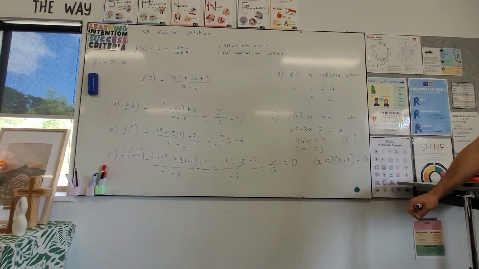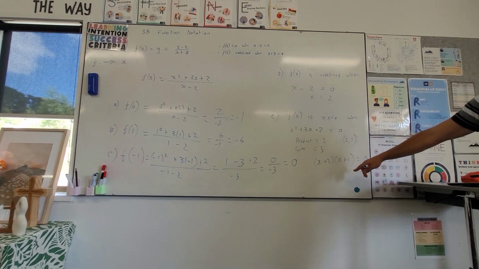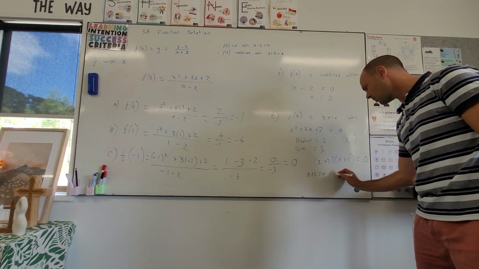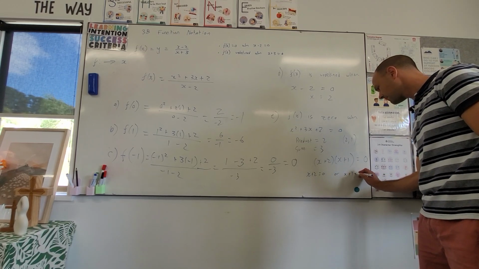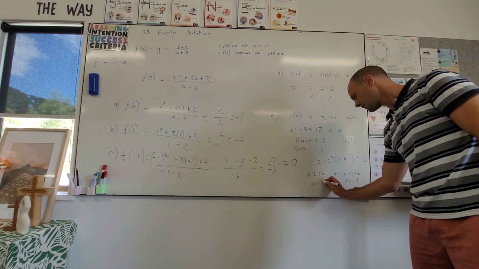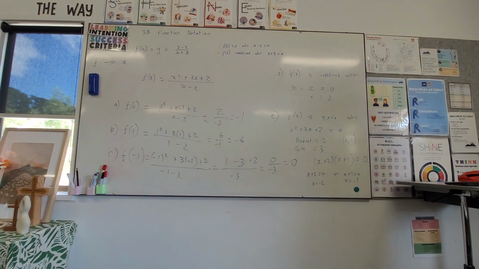And now if we solve that equation, we would apply the null factor law. We would have x plus 2 is 0, or x plus 1 is 0, and we get our two solutions. So they're the values of x that make the function equal to 0.